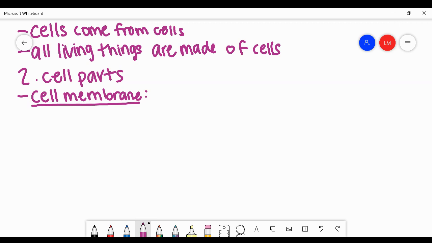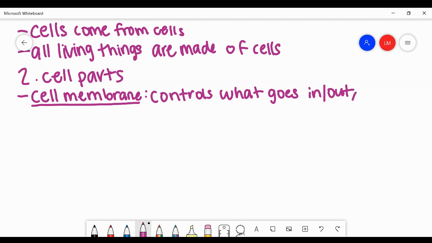The function of the cell membrane is that it controls what goes in or out. For most cells, this is the outermost layer.